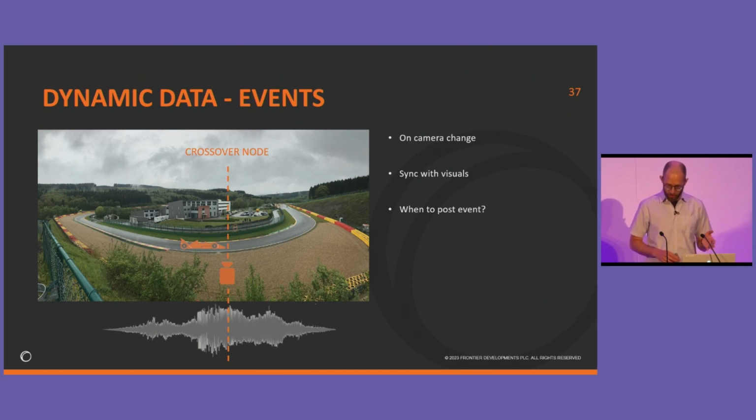We're aiming to trigger the audio so as the playback reaches the crossover point in the sample, you can see it at the bottom of this picture, it matches up with the car visually passing by the camera or the crossover node, as you can see just above there.